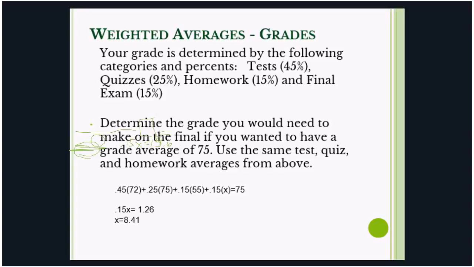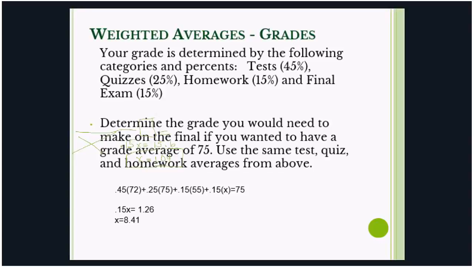Okay, go ahead and erase that and make it come out just a little bit better. So I'm going to have 0.15x is equal to 15.6. This part here is wrong, I'm not sure where that came from. So when you solve for x, you would have to make 104 on the final exam in order for you to make a 75 in the class. So sorry about that. Hopefully that will work out.